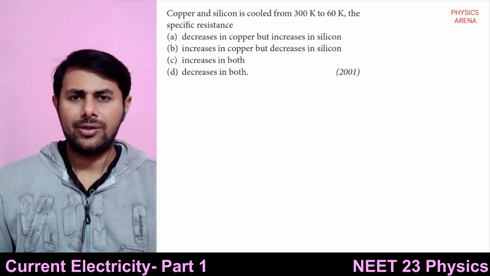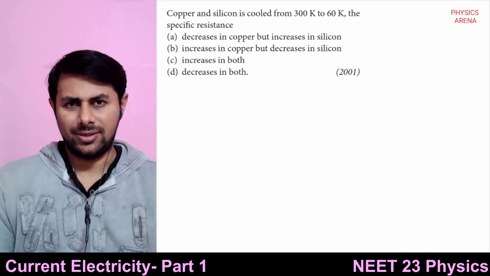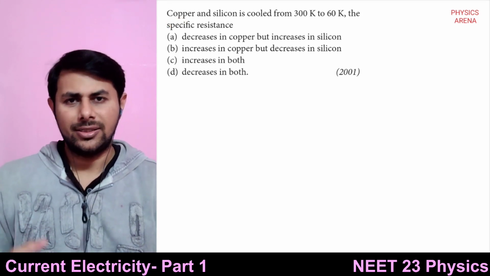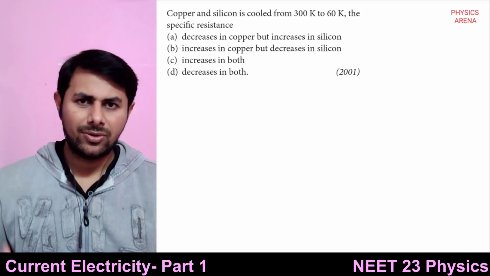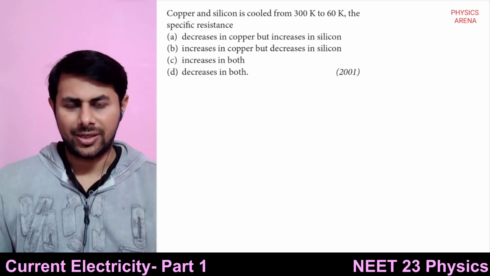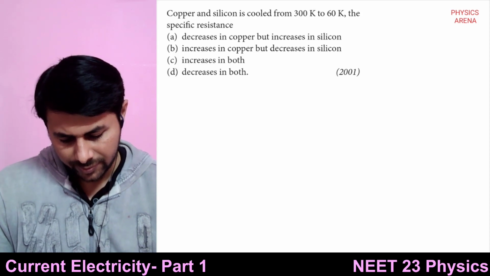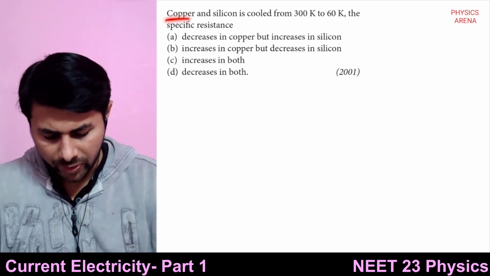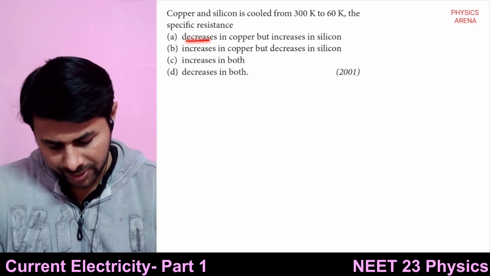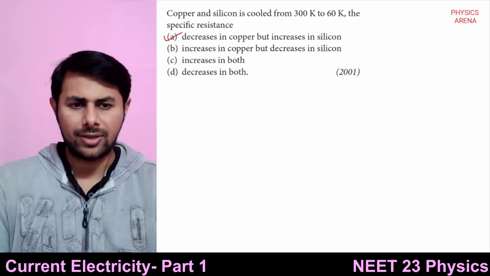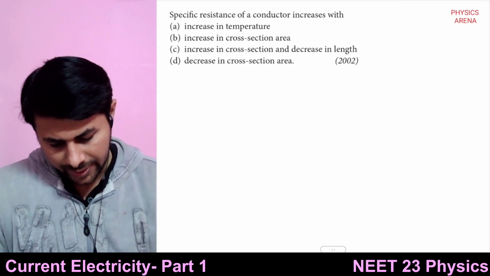If they are cooled, their resistivity will increase. For metals, if they are heated, the resistivity will increase; if they are cooled, the resistivity will decrease. So they are cooled, and for copper it will decrease. Option A, decreases in copper but increases in silicon. Let us see the next question.